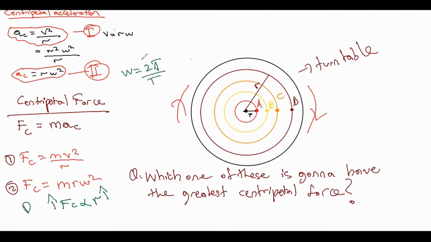So according to this, if my time period is constant, and obviously it's going to be constant, has it ever happened that if I have object A and object D, and when I start spinning, it turns out that object D is behind object A? When the turntable is turning, all 4 of these are going to be in the same spot.